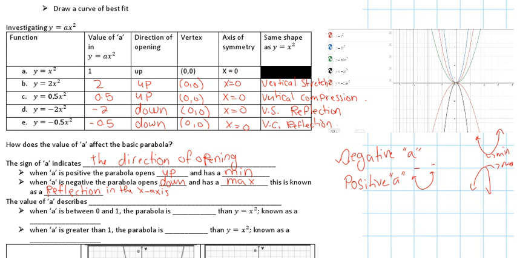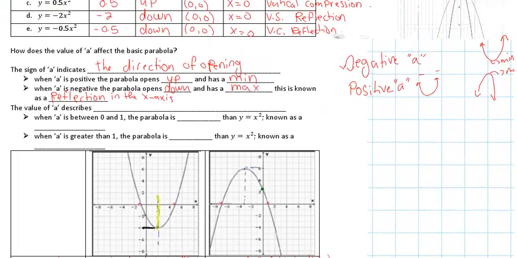Okay. Then we said that the value of a describes the shape of the parabola, right? So is the parabola going to be wide or is it going to be narrow? When a is between 0 and 1, give me examples of a number between 0 and 1. 0.5, 0.25, a quarter, right? 1 over 4, 1 over 6, 2 over 3.